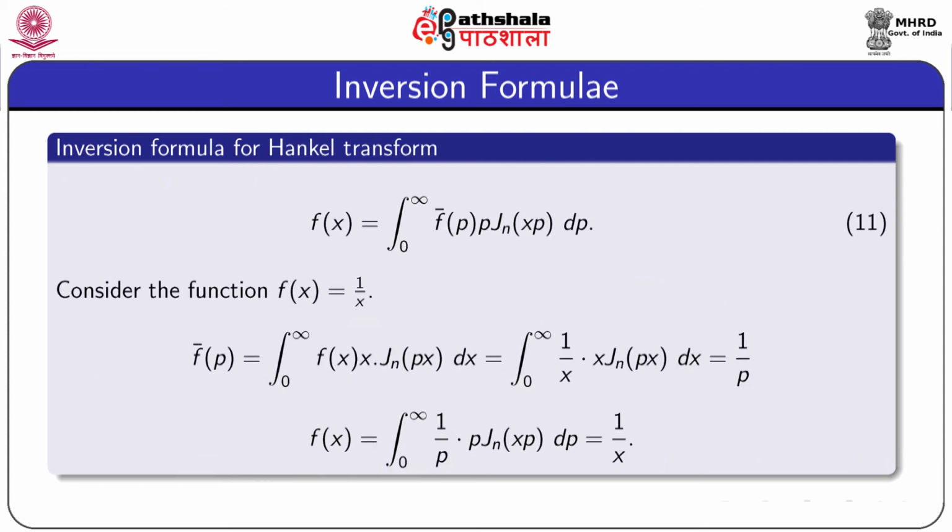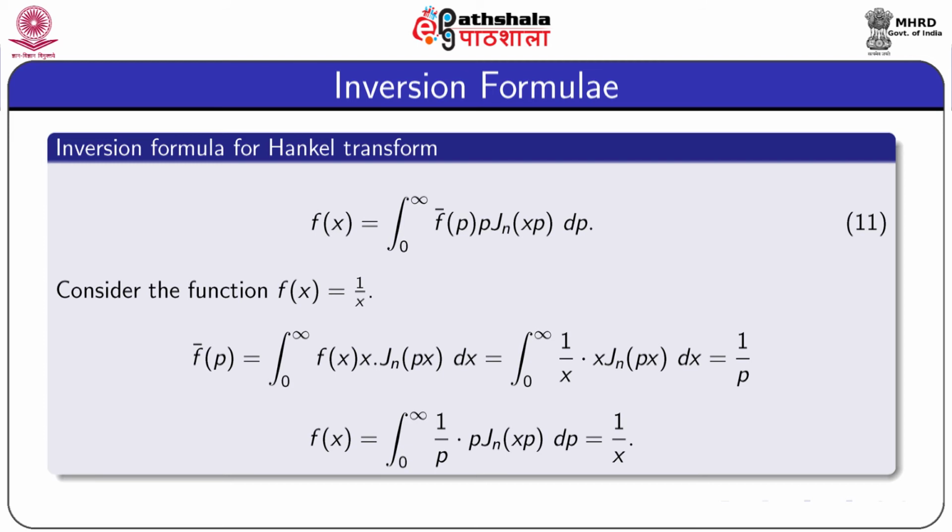Now, I am going to define the inverse Hankel transformation. The inverse Hankel transformation is defined in equation number 11, where f bar p is the transformed function and Jn is the Bessel function of the first kind and of order n.